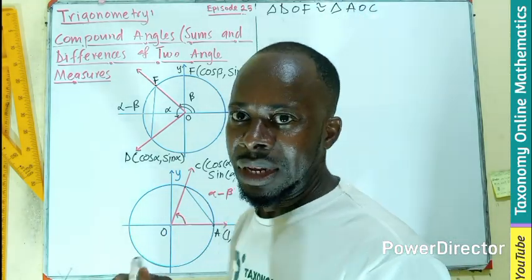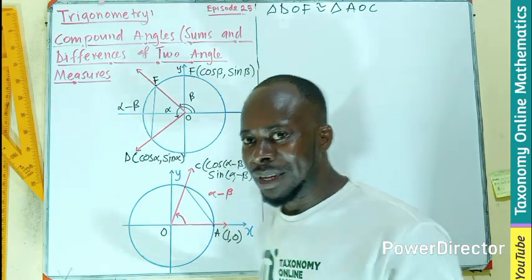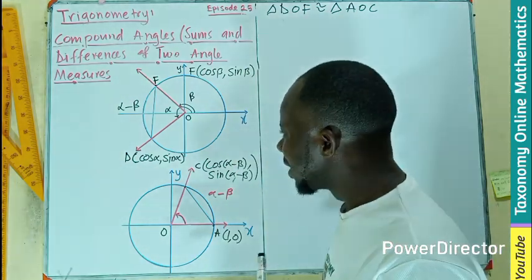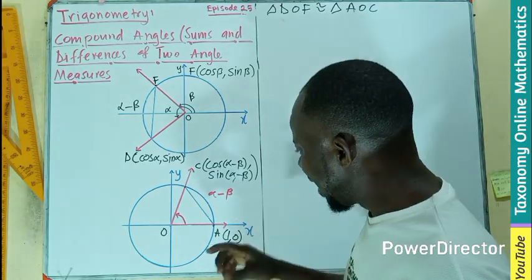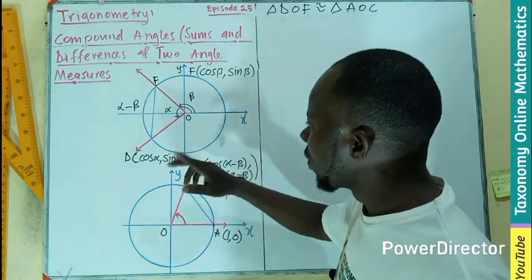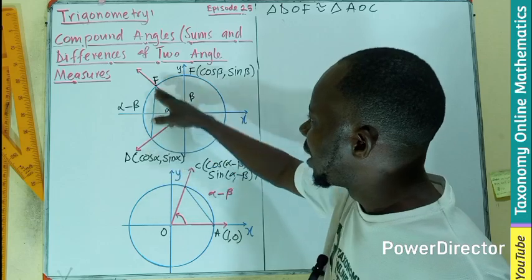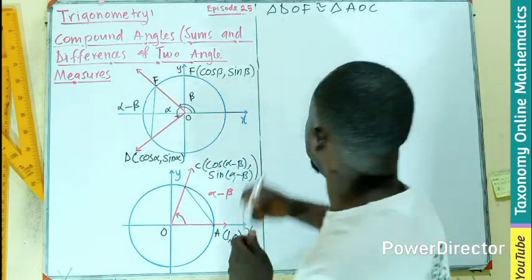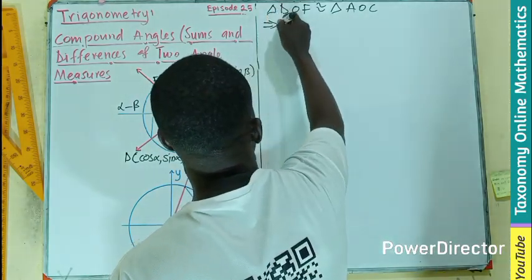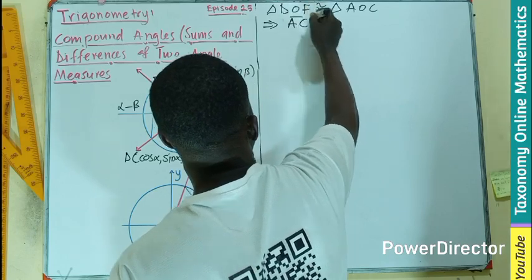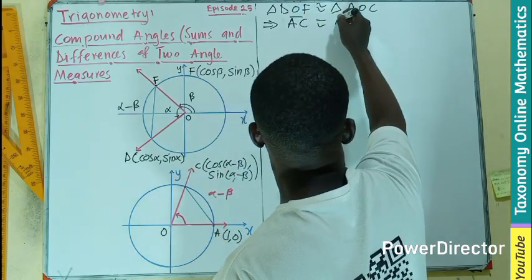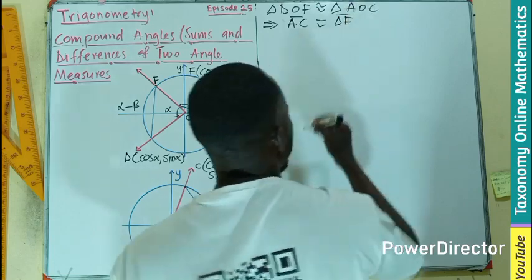They are congruent, meaning they are almost equal if we want to pick it that way. So if this is congruent to this, then we can say that the line AC is congruent to the line DF. That means this implies that line AC is congruent to line DF.